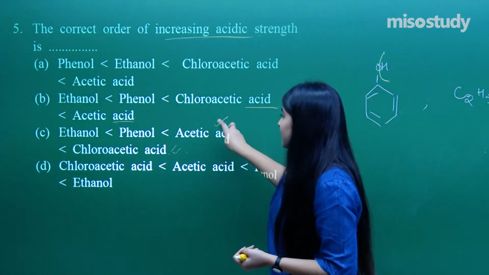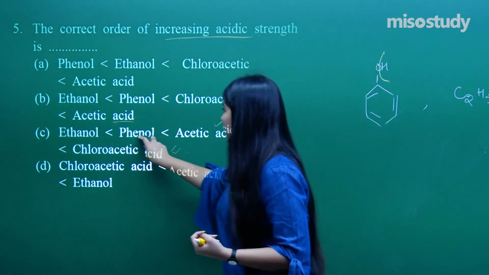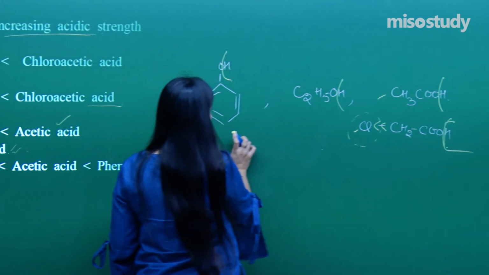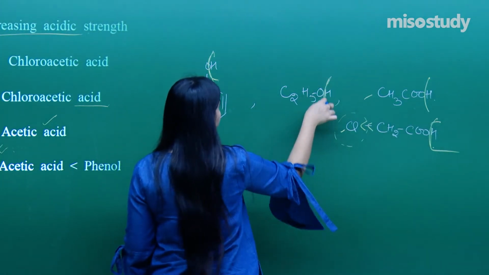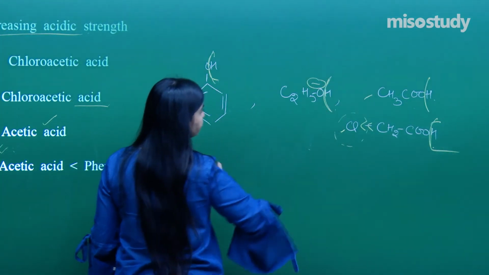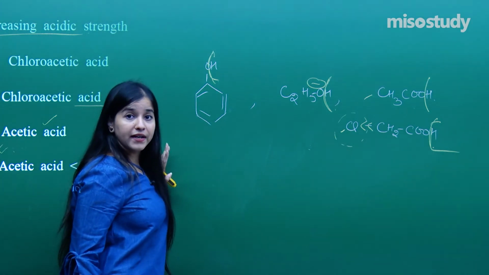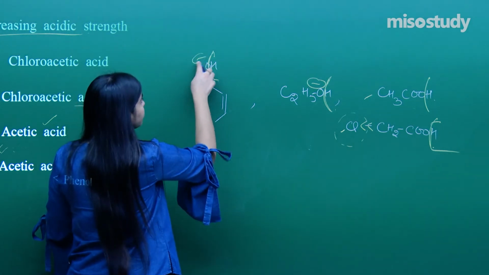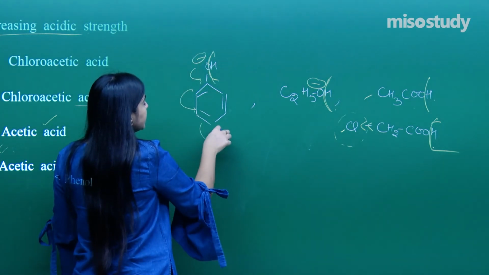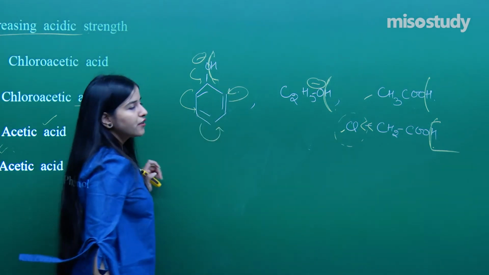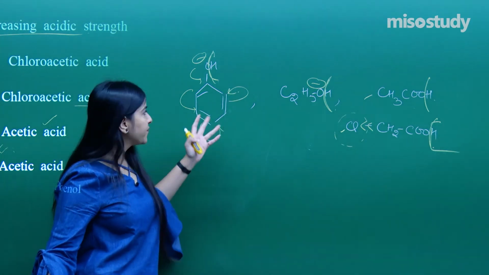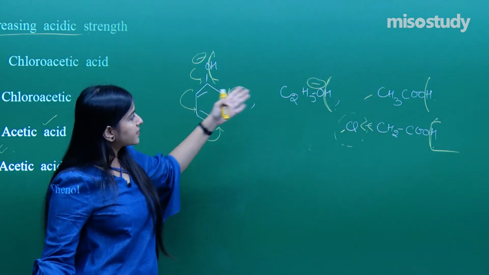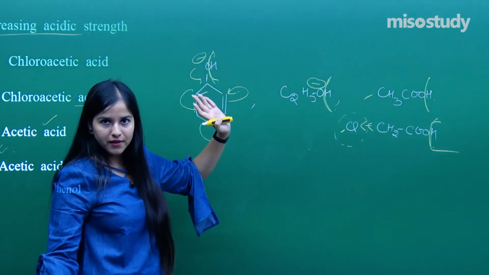Let's check. Next is the acetic acid. We have already figured it out. And out of ethanol and phenol, now see here, it's important. Out of ethanol and phenol, if I just try to remove the H positive, I get here the C2H5O negative anion, right? And here the phenoxide ion. So as we all know, the phenoxide ion is a super fine ion, right? Why? Because it is resonance stabilized, it's very stable, right? So phenol is much more acidic than the normal alkyl alcohol, right?